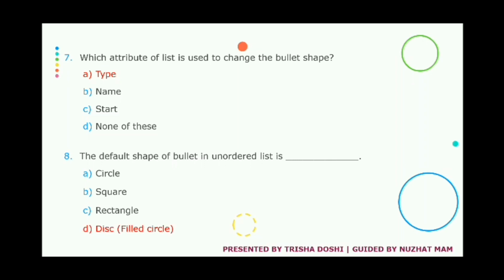The correct answer is D, disc or filled circle. Question 9. Which of the following is used to show an unfilled circle as a bullet in unordered list? A. UL type equals circle, B. UL type equals unfilled circle, C. UL type equals disc, D. None of this. The correct answer is A, UL type equals circle.